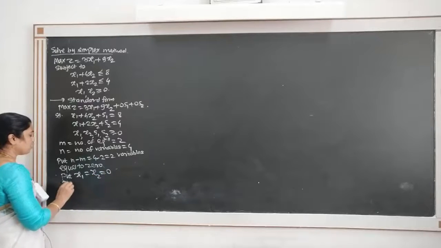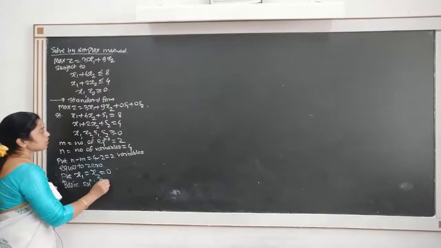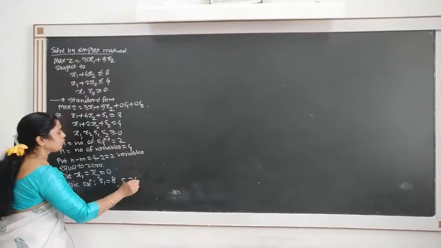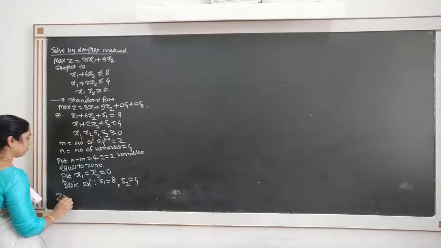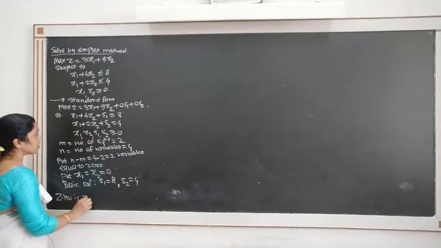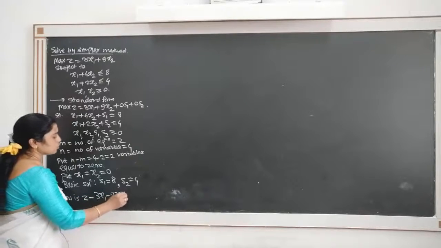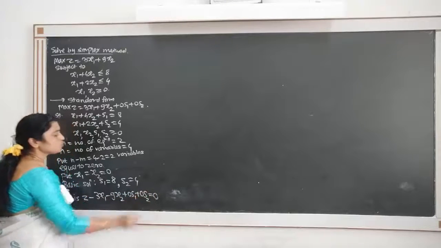We get the basic solution as s1 is equal to 8 and s2 is equal to 4. This is the basic solution, and the new z row is z minus 3x1 minus 9x2 plus 0s1 plus 0s2 equal to 0.